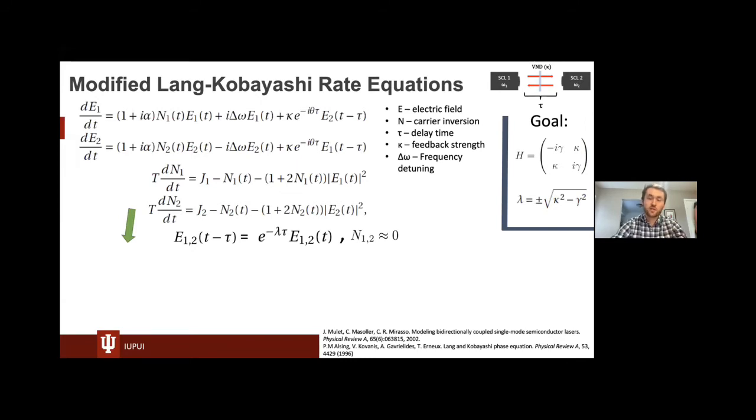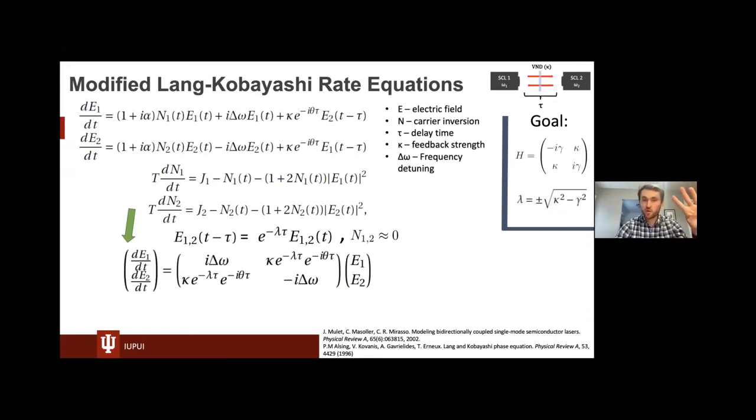So I've turned them on just to the point where they've started to lase, which means that I can ignore the carrier dynamics because the carrier inversion above threshold is pretty much 0. This lets us reduce the 4 coupled rate equations into 2 coupled rate equations with an effective Hamiltonian given by this matrix here.